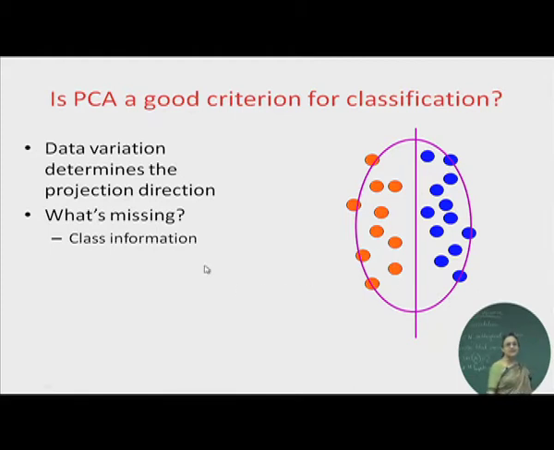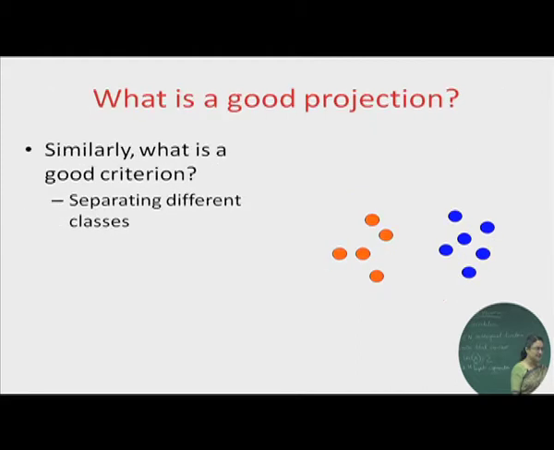This means this is not a very good idea when you look at a classification problem, because when we do principal components, we are not taking care of class information, which is very important for supervised learning. So if you have these points, what would be a good criteria? What we really want is a feature that separates the classes rather than a feature which simply has high variance.